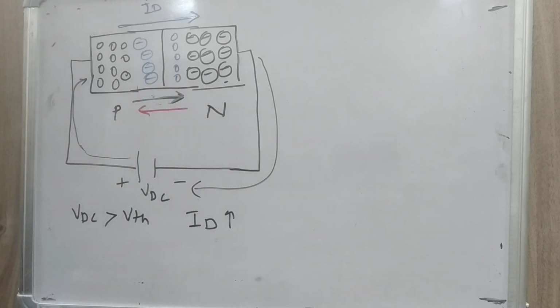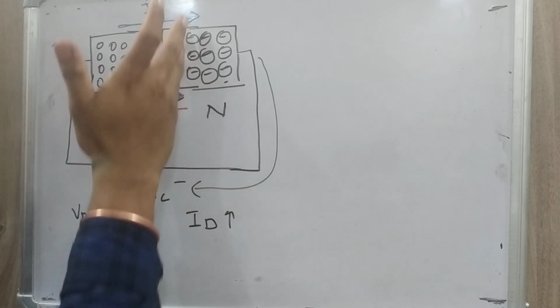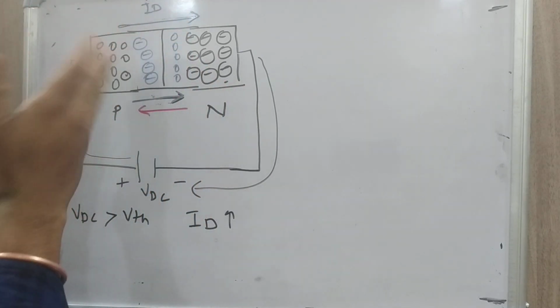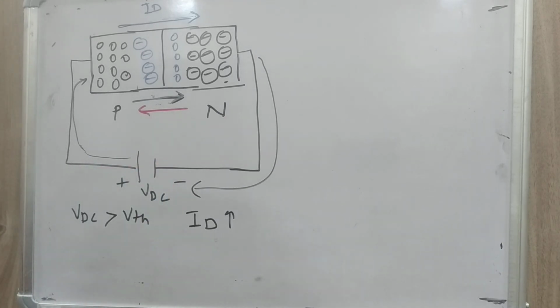It sounds strange, but the n type material has holes and the p type material has electrons, because of the repellent force which is developed by the external supply voltage, right?